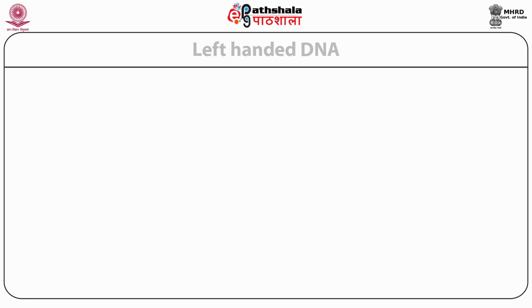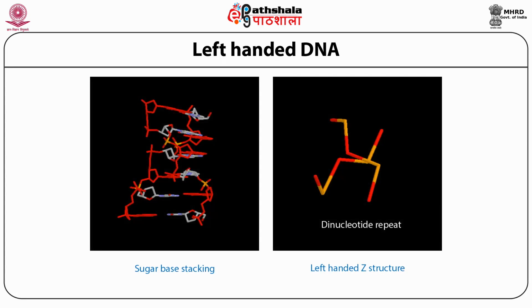of the structure. We show in this picture typical characteristics of left-handed DNA. We can see the guanine shown as red here and cytosine are shown with the CPK colors, that is grey color. And the sugar with the cytosine stacks on guanine.